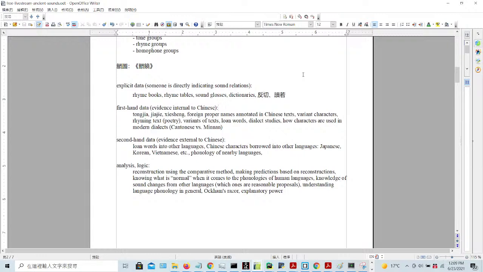And then what I'm calling first-hand data, and this is not an industry standard or anything, it's just what I'm calling it. For me, first-hand data is evidence that's internal to Chinese.